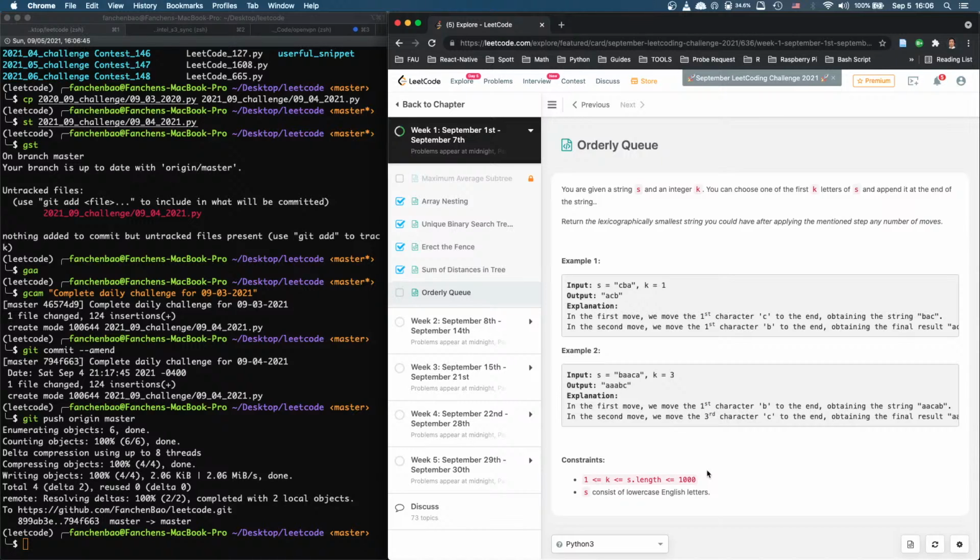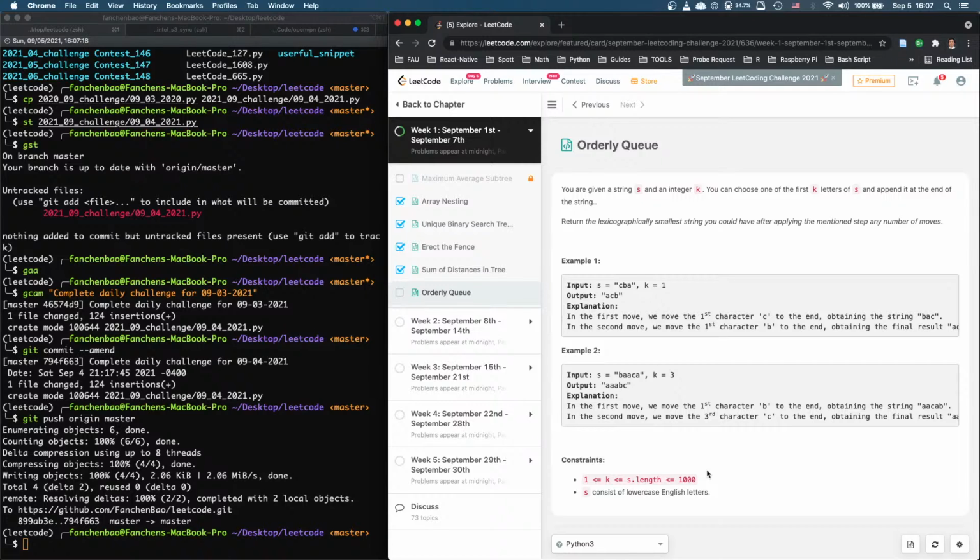Okay, so what is our strategy here? Lexicographically smallest. So you're moving things to the end, right? And the idea is if we can move something that's big to the end, it's always better. But because it's called orderly queue, you can only move to the end.